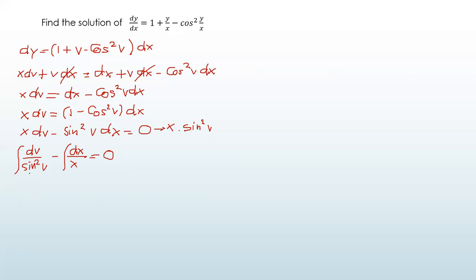The denominator will be divided by cos square phi, while the numerator will be divided by cos square phi as well.